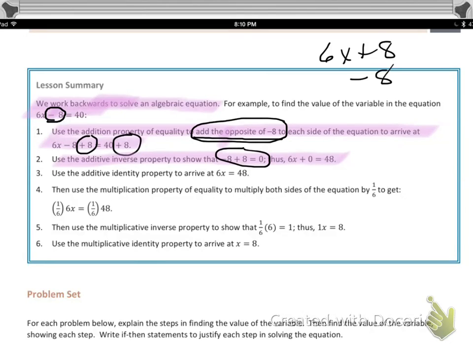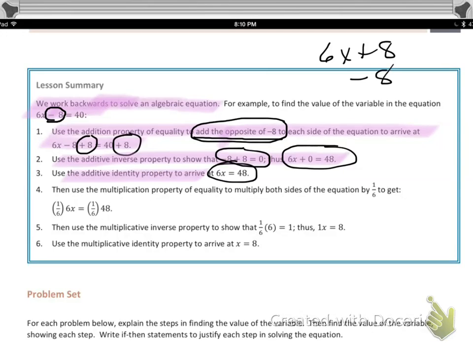But then again, we have to do the same thing to the other side, because you have to add that 8 to the other side as well. So this is where you're going to end up: 6x plus 0 equals 48, or 6x equals 48, and they're just saying that's the additive identity anytime you add 0.